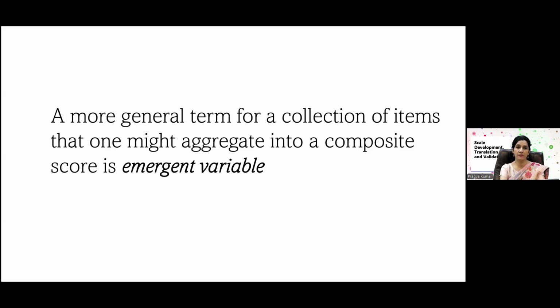The questions in his instrument were more of a multi-item measure. So we cannot call it a scale if it is just an aggregation of a multi-item, and this is known as the emergent variable. Have you all understood up to this point? Then I'll move further, because it is very important for all of you to understand the difference between a multi-item measure and a scale.